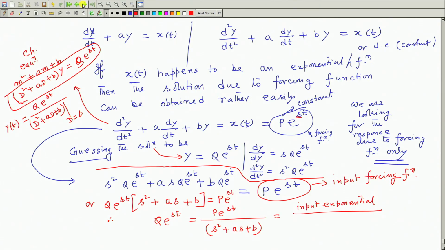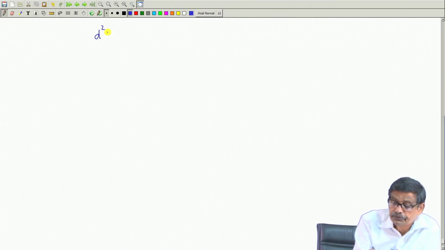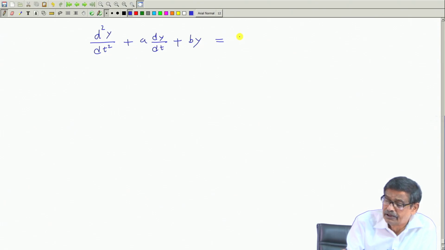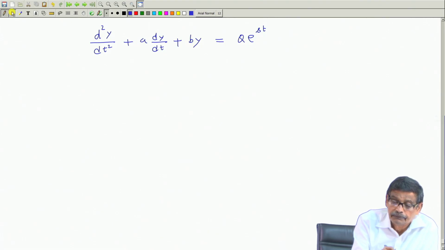To summarize, if you have a differential equation d square y by dt square plus a dy by dt plus b y is equal to, suppose, some p into e to the power s t.